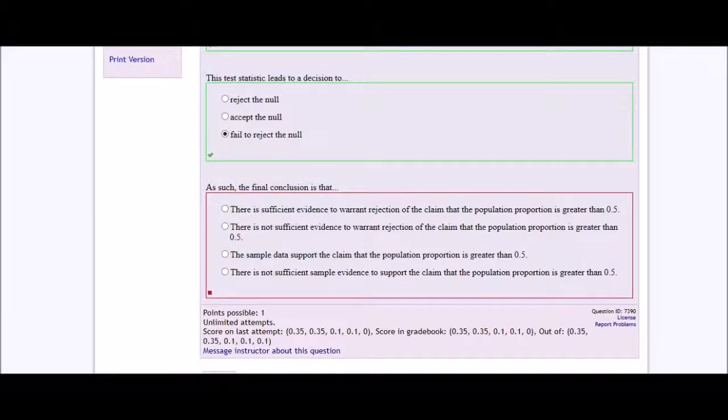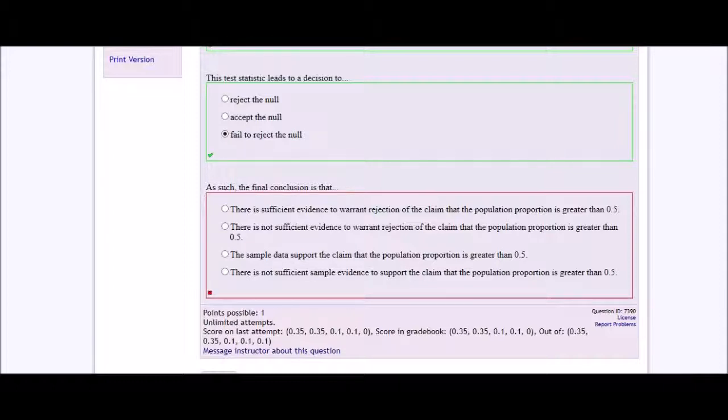So based on what we did here, what is the final decision? There is sufficient evidence to warrant rejection of the claim that the population proportion is greater than 50%. That is not the case. There is not sufficient evidence to warrant rejection of the claim that the population proportion is greater than 50%. Let's read the rest. The sample data supports the claim that the population proportion is greater than 50%. That is not true.